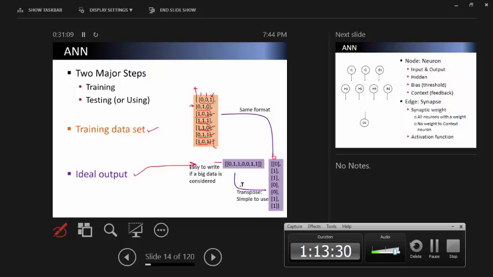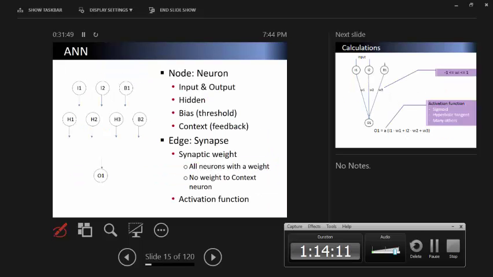We have 1, 2, 3, 4, 5, 6, 7 rows. The ideal output also needs to have 7 rows. But for programming purposes, if you do not want to make this long list, you can hard code it like this. This is the beauty of Python. Simply at the end, if you put .T, which stands for transpose, this will be changed to this format. So you don't need to type this, but simply give this. We'll practice that a little bit.